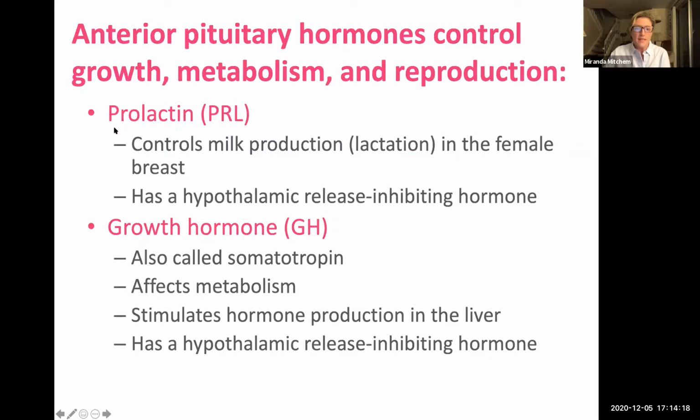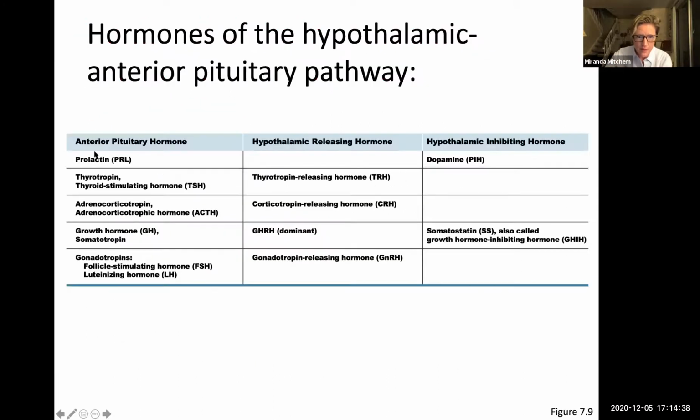So prolactin is important in lactation in the female, and it's an inhibitor. Excuse me, I can't talk today. It is an inhibitory hormone. I'm gonna back us up. So prolactin is in it.